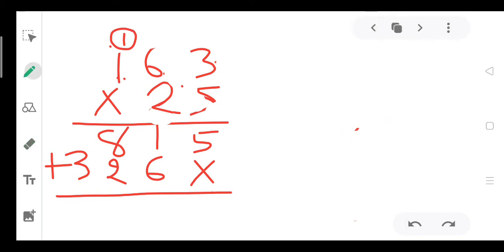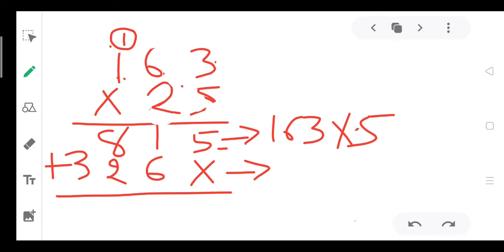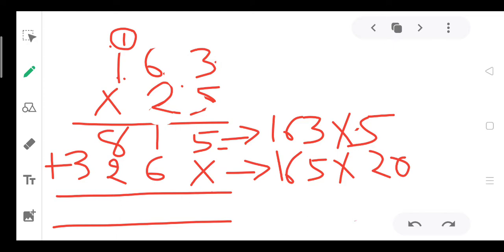Firstly, we have multiplied 163 by 5, and we got this as a product. Now 163 we have multiplied by 20, and we got this as a product. Now we will add it. 5 plus nothing 5, 6 plus 1 7, 8 plus 2 10, here is 0 and 1 is carry, 3 plus 1 4.